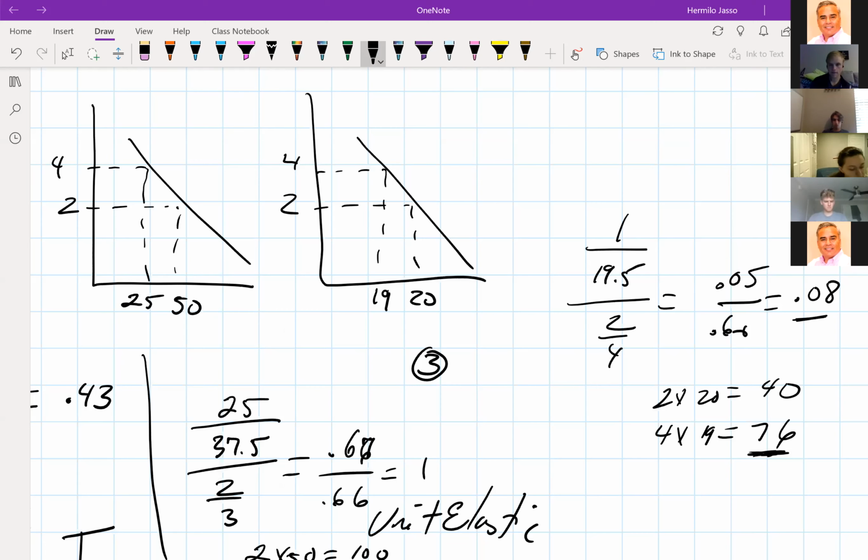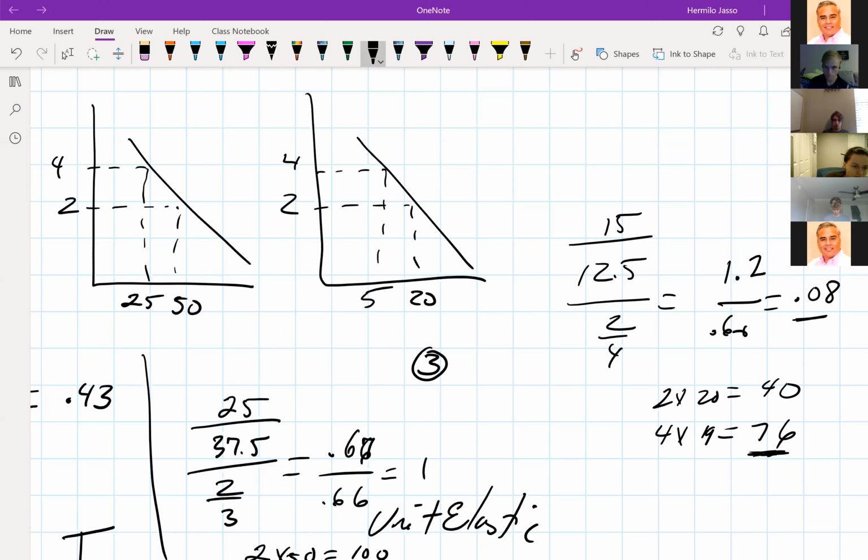Well, how about if this number becomes 5? If that number becomes 5, then it will be 15 divided by 25 divided by 2, which is 12.5, right? 50 divided by 12.5 is equal to 1 point what? 1.2.